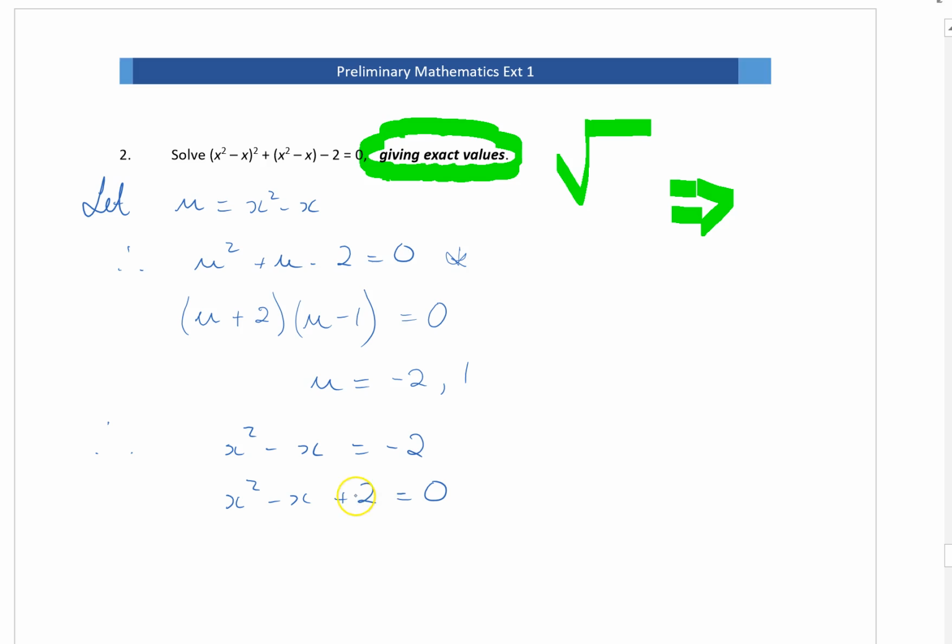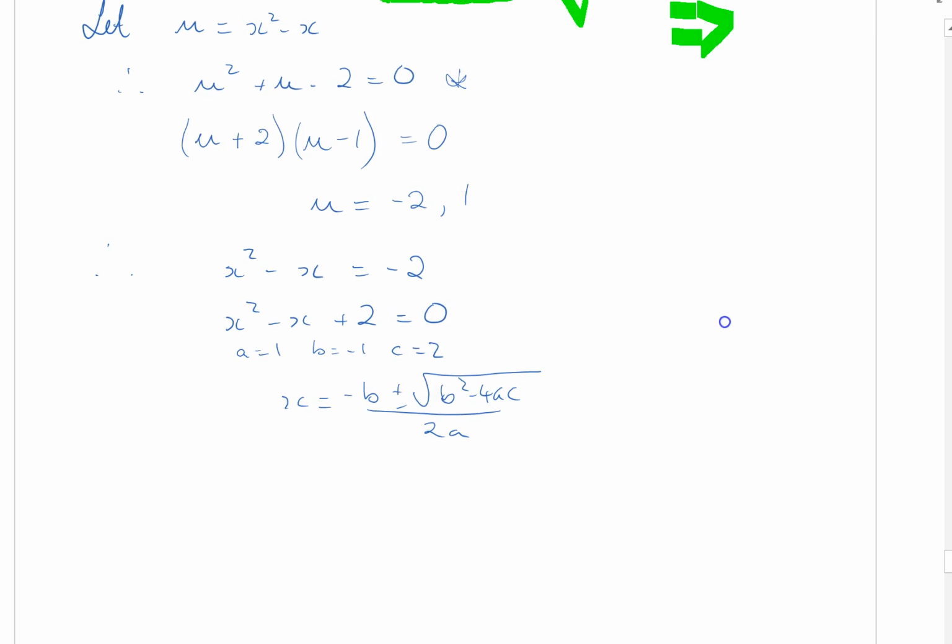So I cannot think of two numbers that multiply to give a positive 2, which will also add to give a negative 1. So I'm going to go to my quadratic formula for solving this, which is x is equal to minus b plus or minus the square root b squared minus 4ac all over 2a.